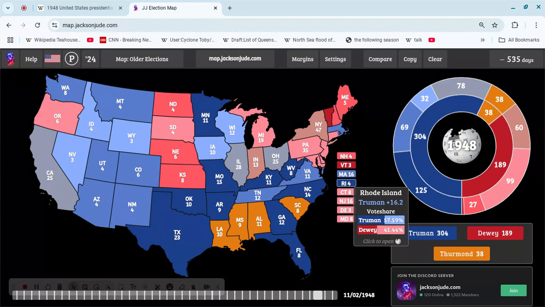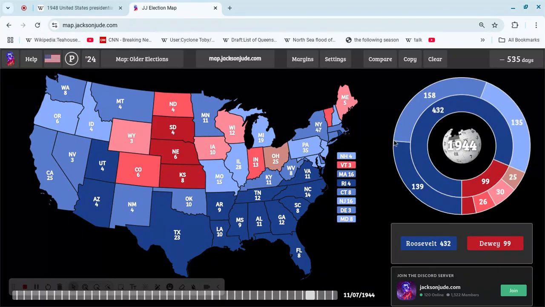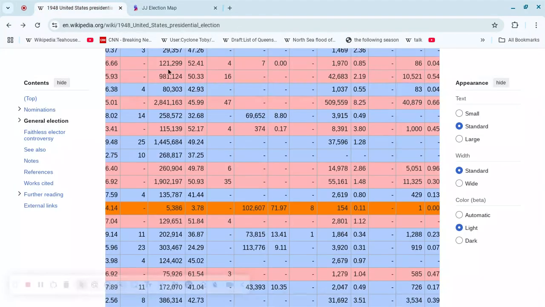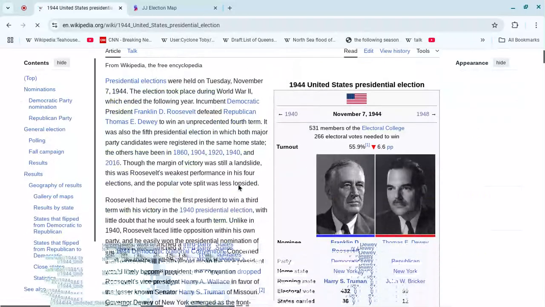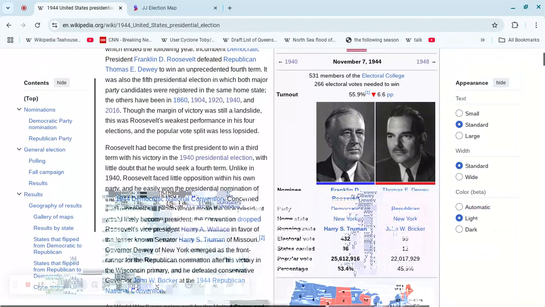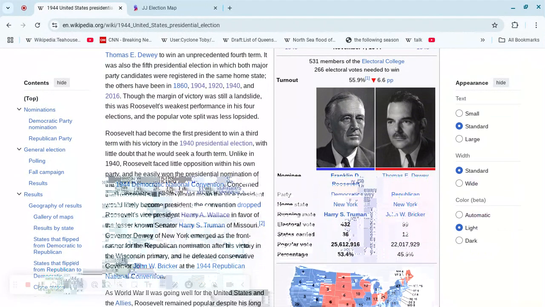It's still 2.3%. That's actually what it was in line for 1944, when the tipping point state was New York, but it was 5%. And in the popular vote in that election, we saw Roosevelt win the popular vote by 7.5%.